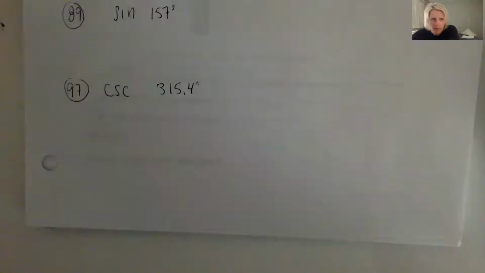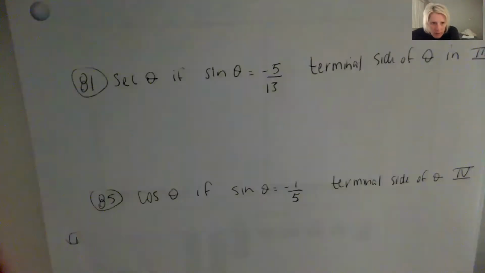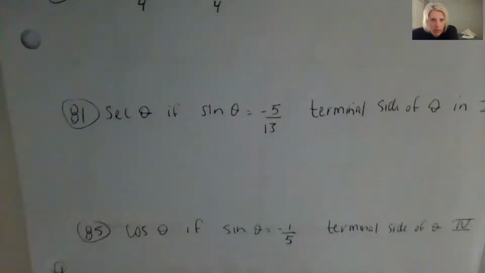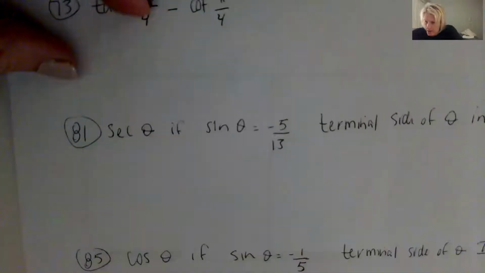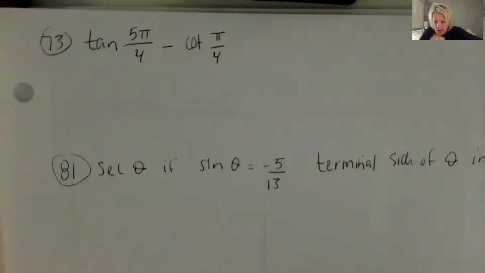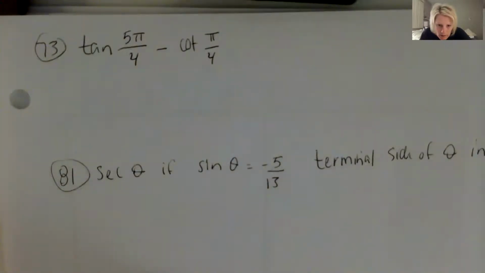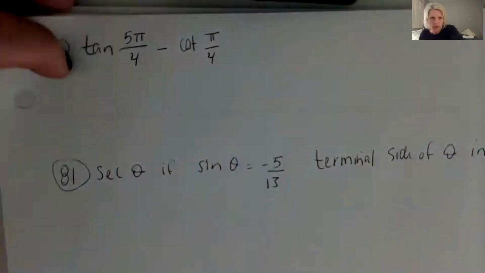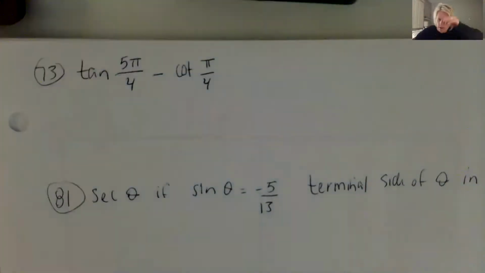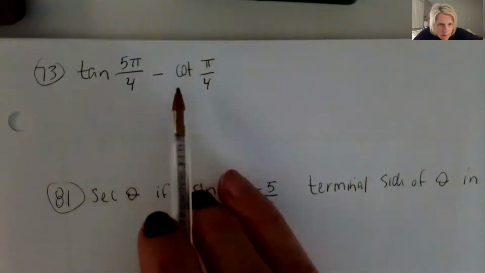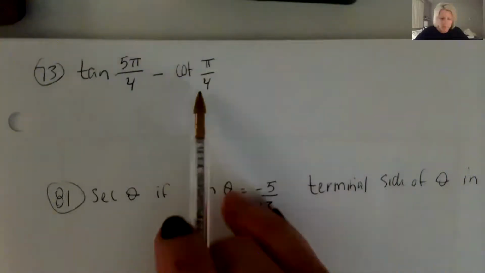Let's move my camera up to that number 7. 73 and 81. Okay. So 73 says tangent at pi over 4 minus cotangent at pi over 4.